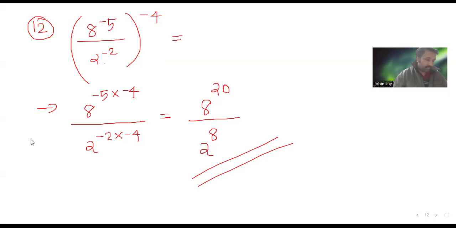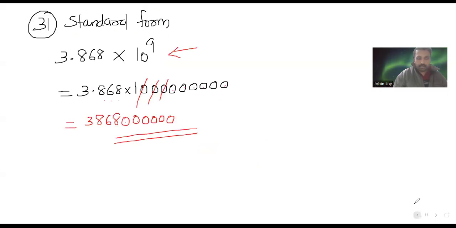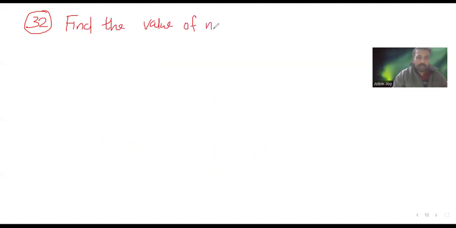Next is question number 32. Find the value of n if 7 raised to 3, the whole raised to 3 equals 7 raised to n.